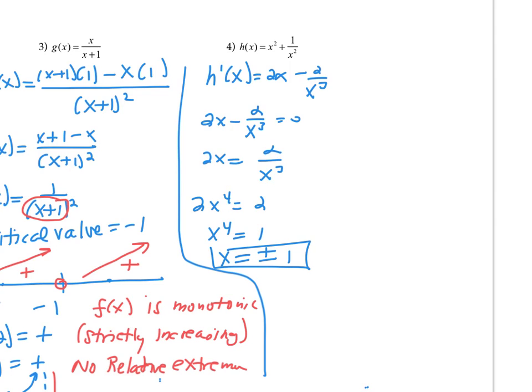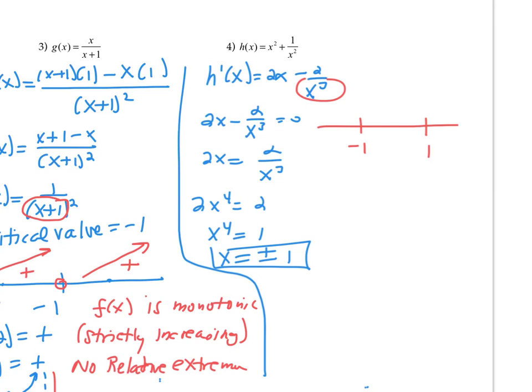Okay, so think about our number line and looking at the signs on the number line. We're going to split up the number line using our critical values of -1 and +1. So let's put -1 to the left and +1 to the right. And again, we also have another critical value, and that's at x equals 0, because this will be undefined when x is equal to 0, so I need to squeeze that in here.